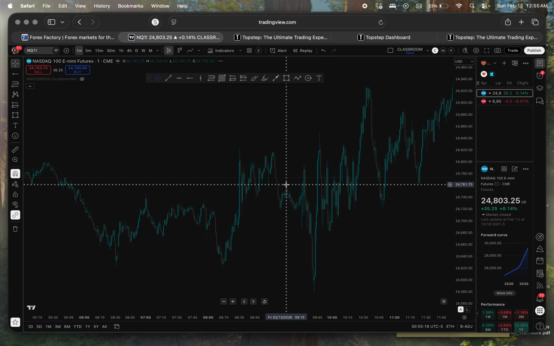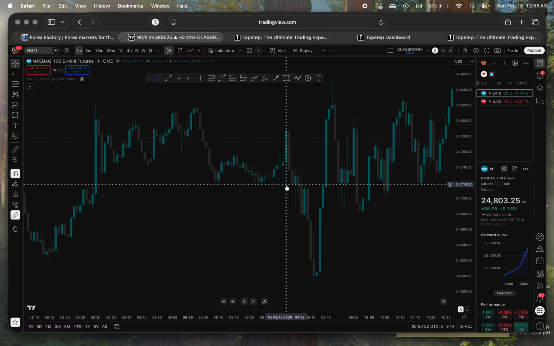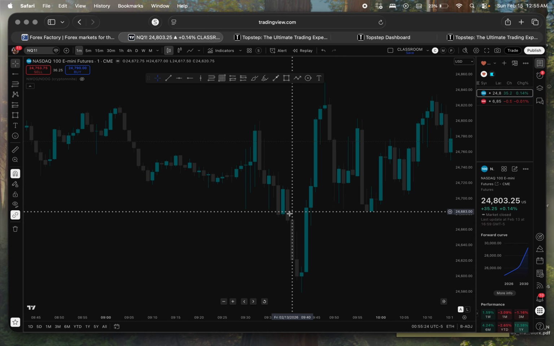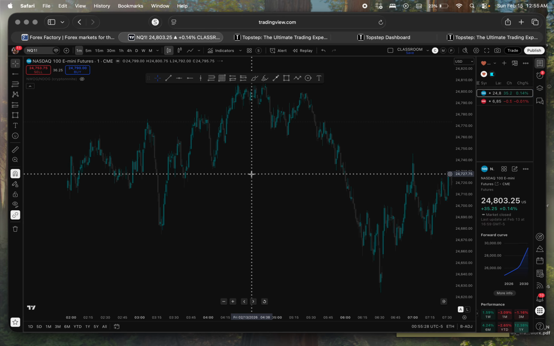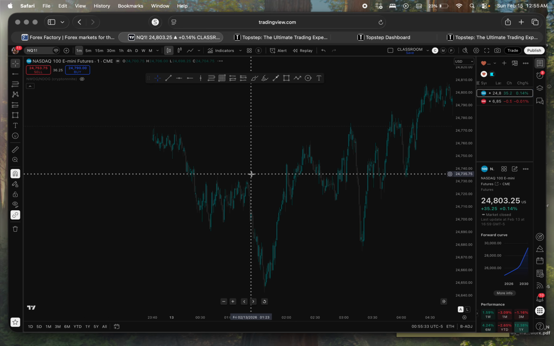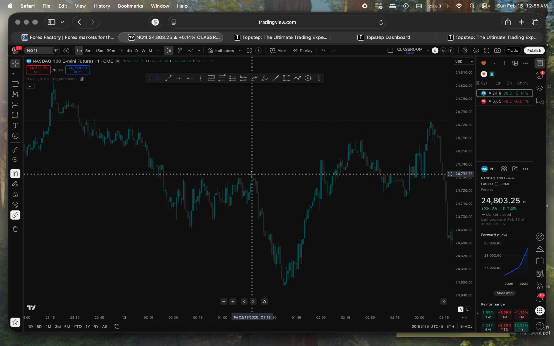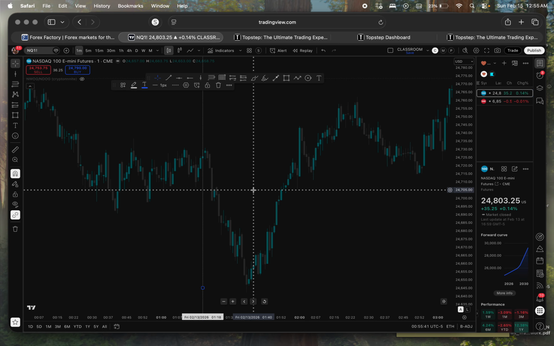Find a good example where you can actually take a trade down and you can take a trade up. Okay, let's pretend that this is 9 a.m., because this happens a lot.